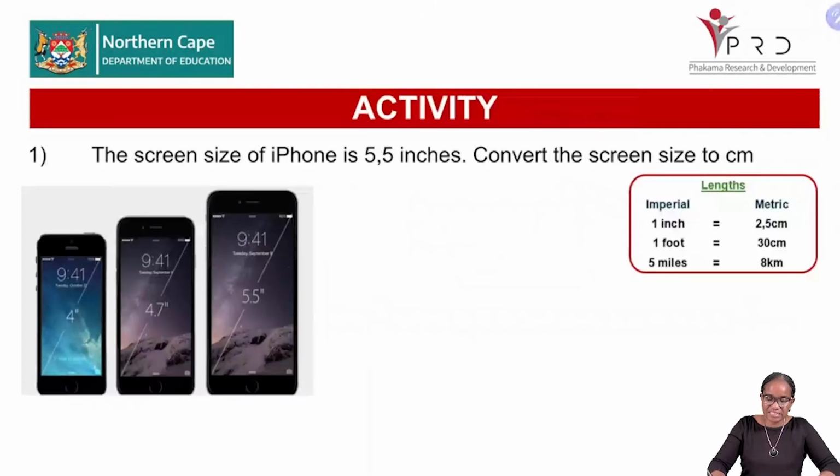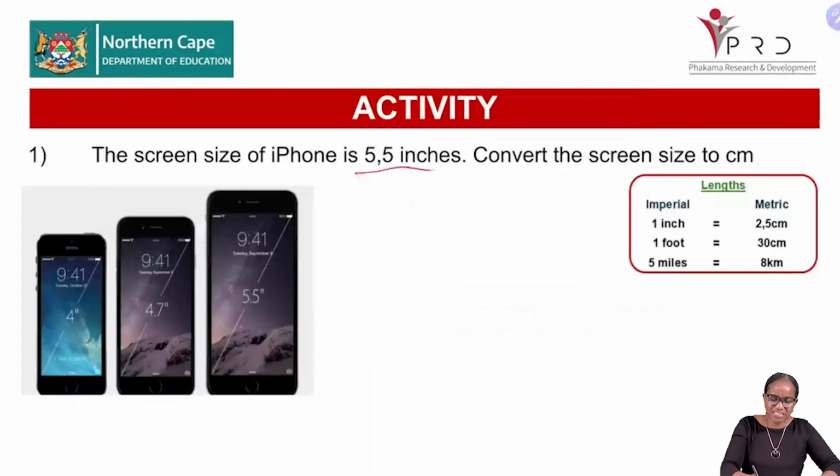Let's look at the activity. The screen size of an iPhone is 5.5 inches. Convert the screen size to centimeters. So remember, we said we have to deal with the given quantity first, and we make that a fraction of what we intend.